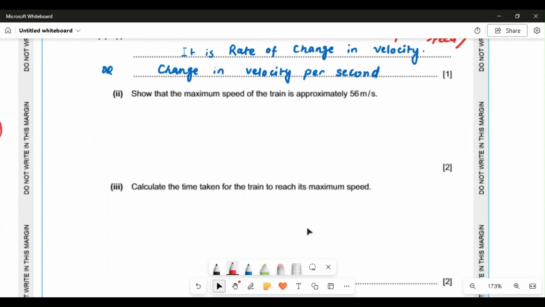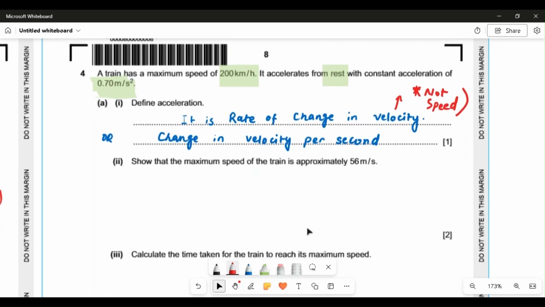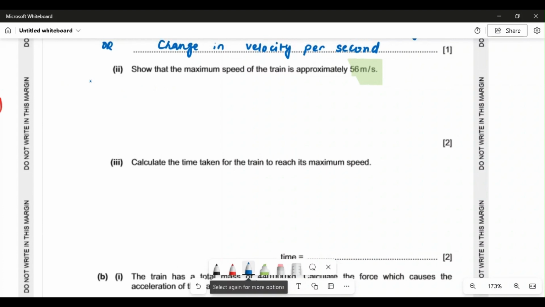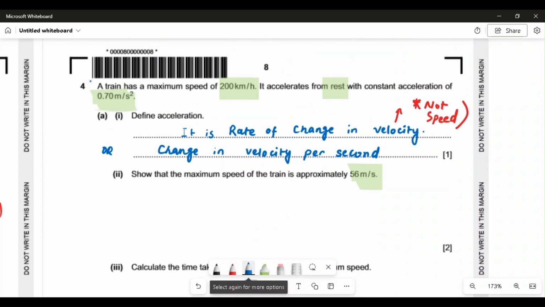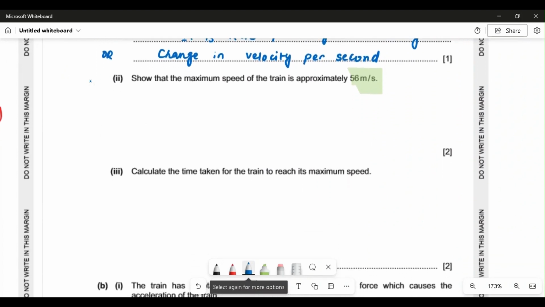Show that the maximum speed of the train is approximately 56 meter per second. Here we are given the maximum speed, and maximum speed in the question was given in kilometer per hour, that was 200 kilometer per hour, and we are supposed to convert it into meter per second.